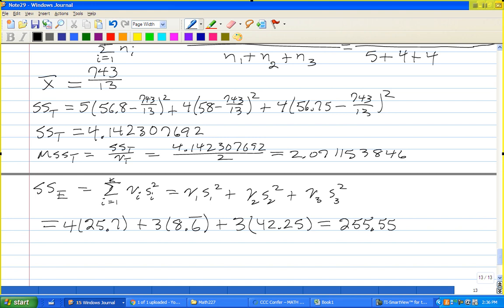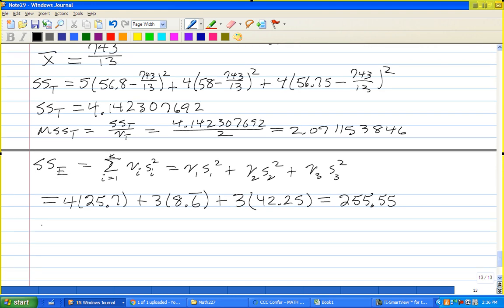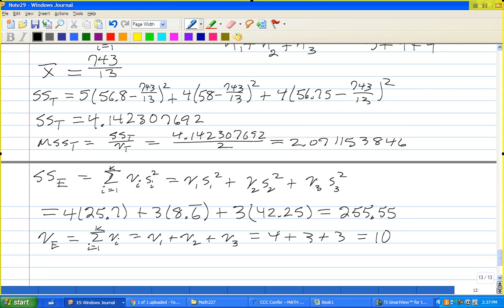And then the sum of my degrees of freedom, notice it's 10, and I got this by a different calculation.